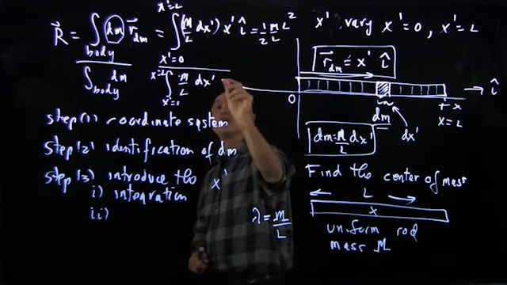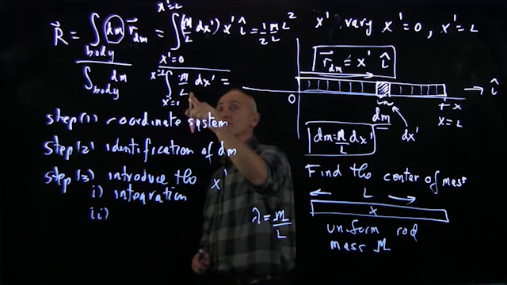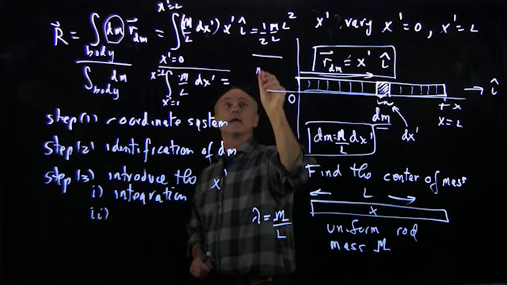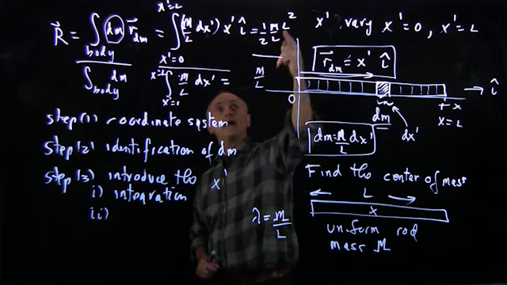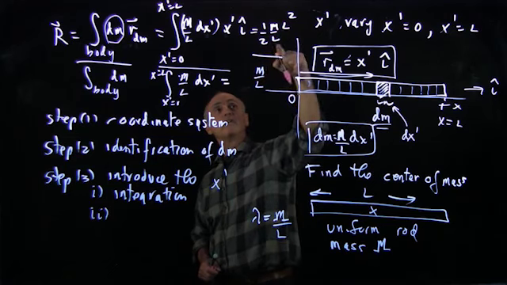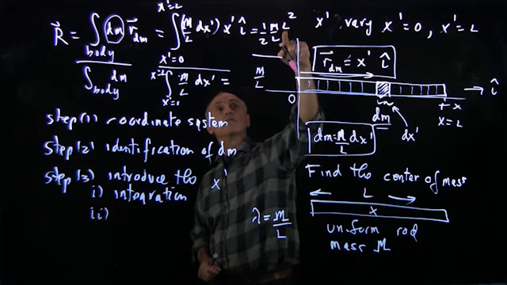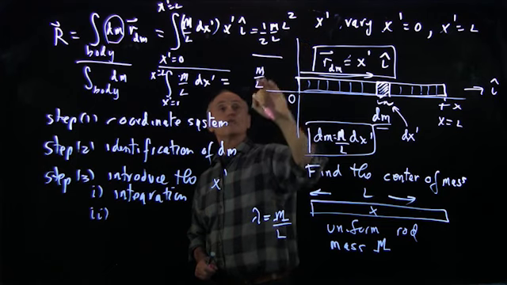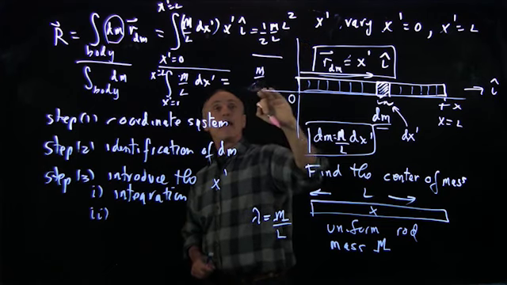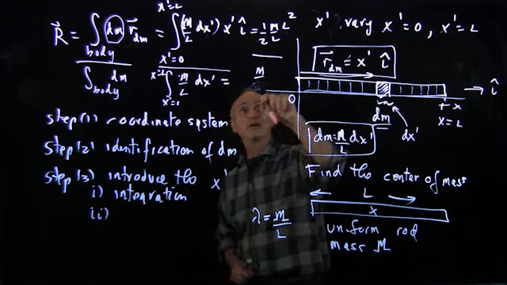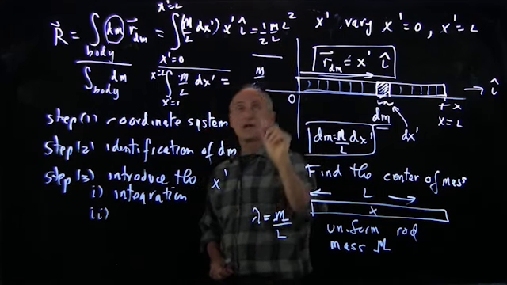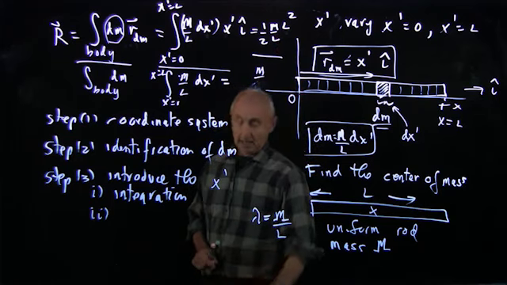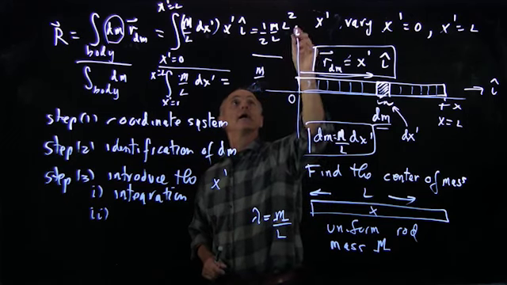And downstairs, dx prime from 0 to L is just L. So the downstairs integral is just M. When the M over L's cancel, we get, for the position of the center of mass, the M's cancel, one of the L's cancel, and we have an i hat in this expression.